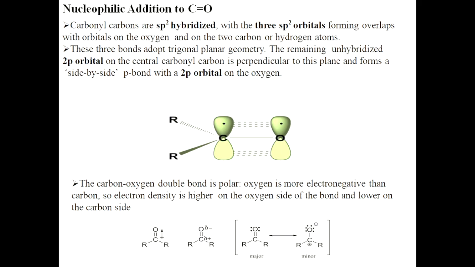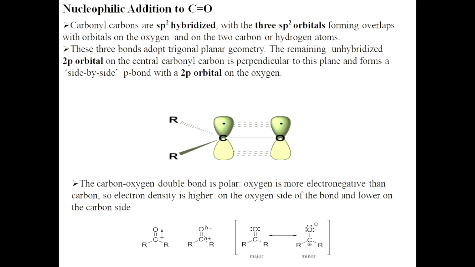Now the carbon oxygen double bond, since it's polar in nature, we know very well and we can see that oxygen is more electronegative than carbon. That's why the electron density will move toward the oxygen and it will get a negative charge, and the carbon will be less electronegative. So that's why positive charge will be developed at the carbon.